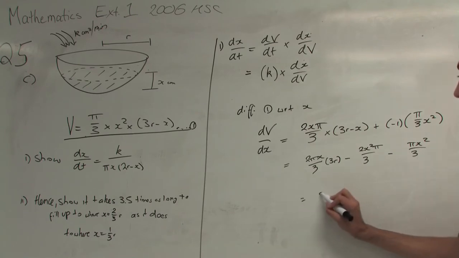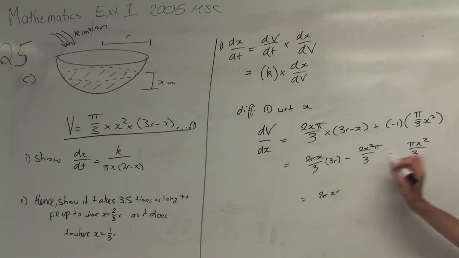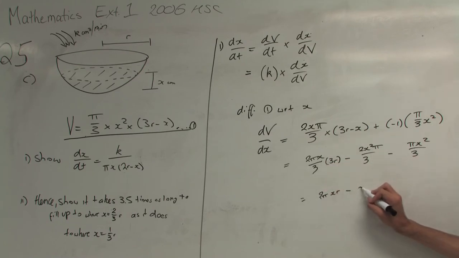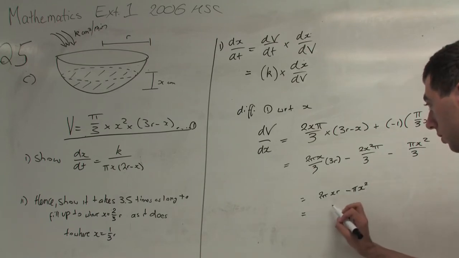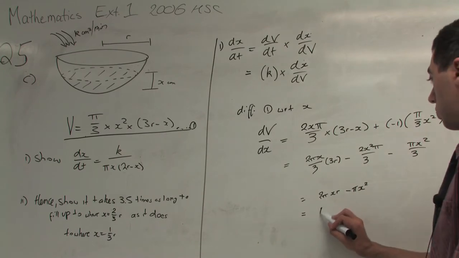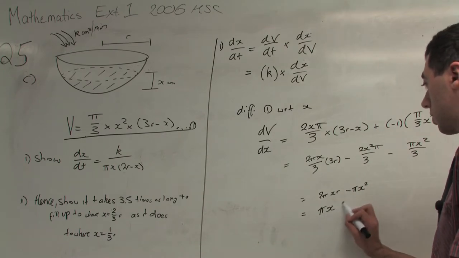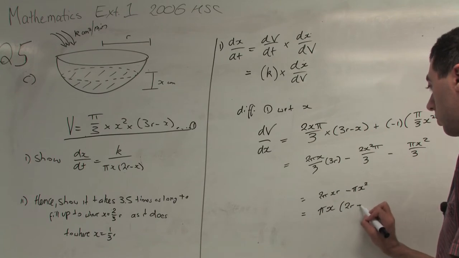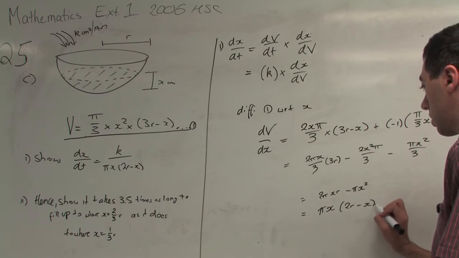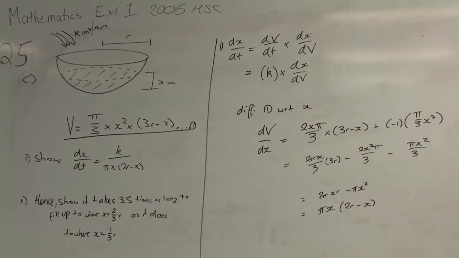And this will give us 2 pi xr, because the 3's cancel out, and this will give us minus x squared pi. Okay, and we'll factor that out, and we'll say that is pi x times 2r minus x. Okay, so that's our dv over dx.